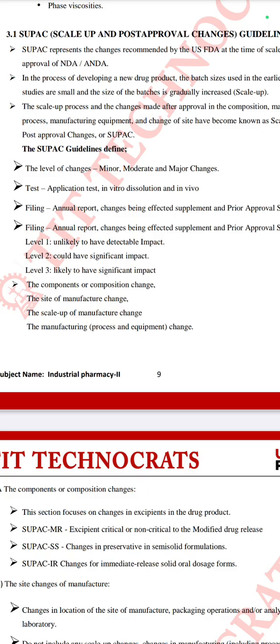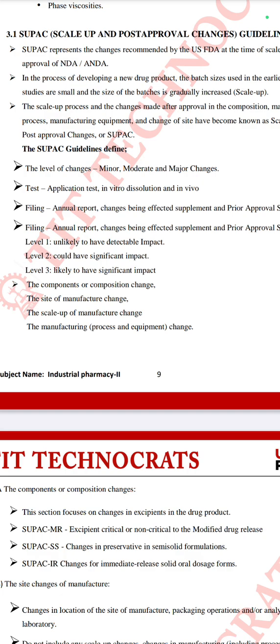So who will change the guideline or who will validate the changes? First one is US FDA, and the US FDA gives the guideline for the changes. So what does the guideline define? The level of changes: minor, moderate and major changes, testing, application test, in vitro dissolution and in vivo, filing annual report.